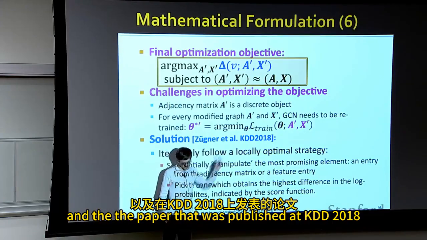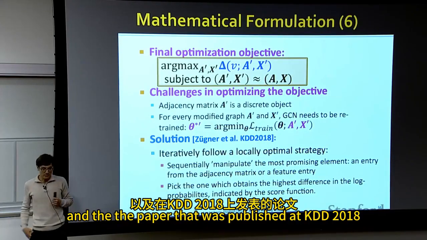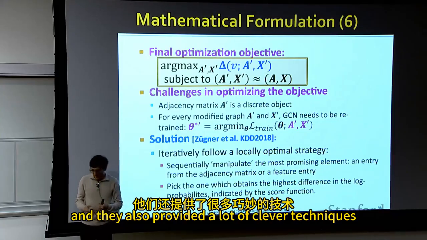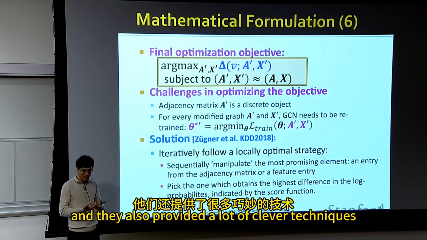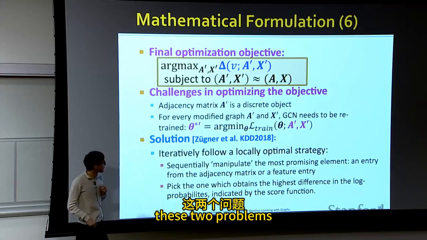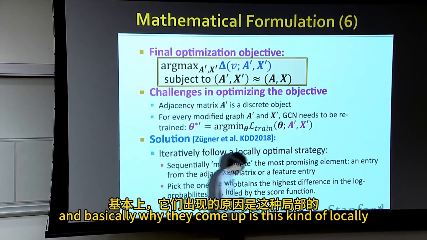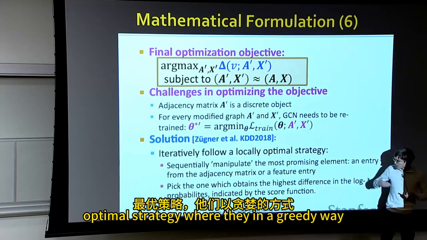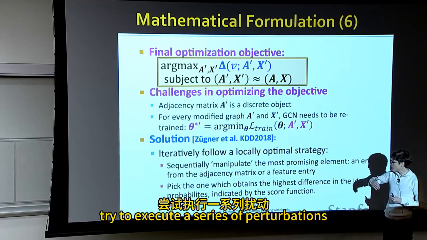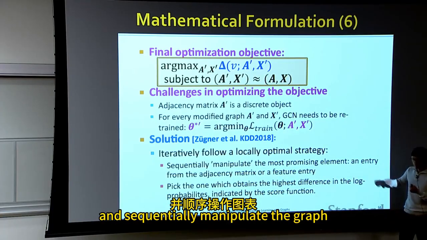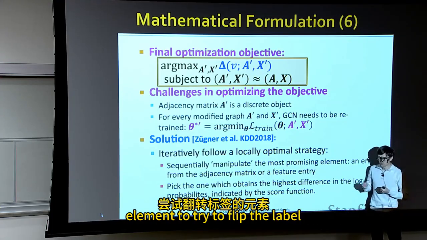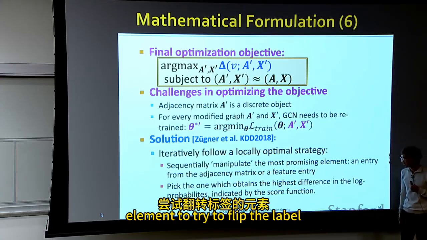The paper that was published at KDD 2018 was the first one to formalize this framework, which I gave you the formalization of. And they also provided a lot of clever techniques to resolve these two problems. Basically what they come up with is a locally optimal strategy where they, in a greedy way, execute a series of perturbations and sequentially manipulate the graph, the most promising element, to try to flip the label.